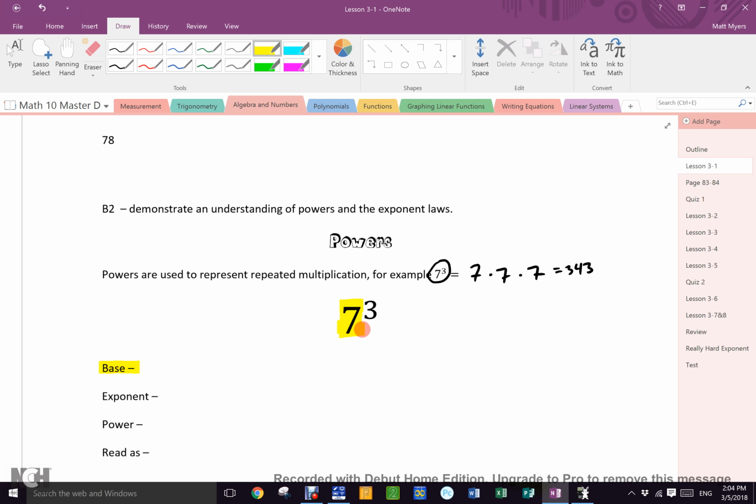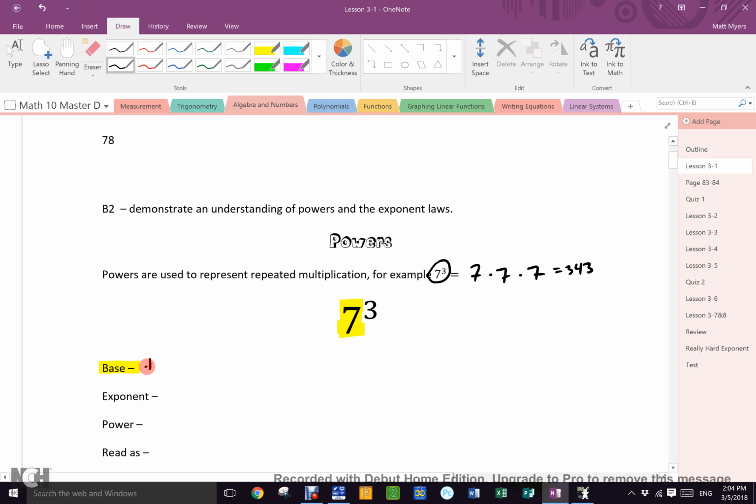Yes? Okay. Now, I already warned you that in grade 10, it's not always a number, is it? So we don't want to say number. In grade 9, it was always a number. But in grade 10, it's not always a number. So we are going to change this not to be the number that is multiplied repeatedly.